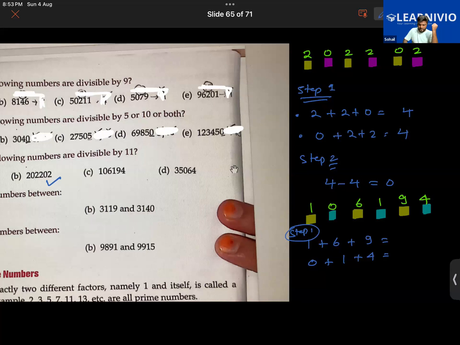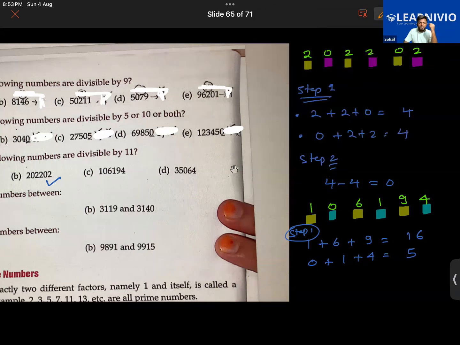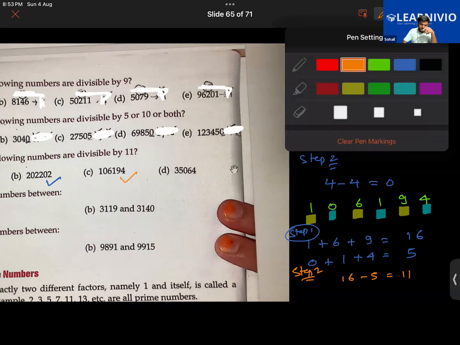Okay. So 9 plus 6 is 15, 15 plus 1 is 16, right? 4 plus 1 is 5. See, Habib, your calculation is not really good. The difference is 11, not 10. 16 minus 5, that is 11. It is divisible. Okay, now solve the last question.